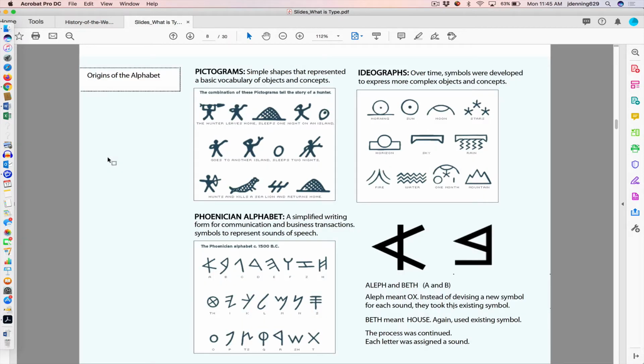So the origins of the alphabet is interesting. The first symbols that we know of, they're not really letters, are called pictograms. And we've found pictograms in various parts of the world.